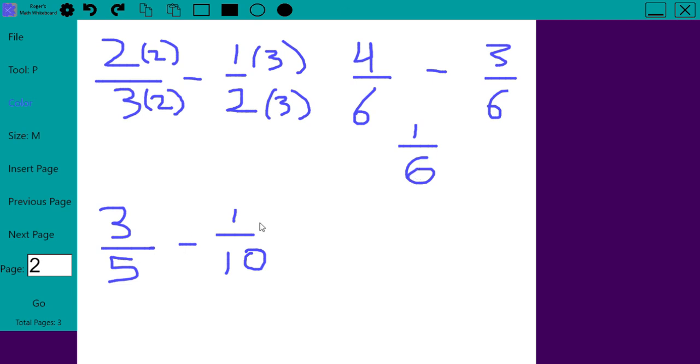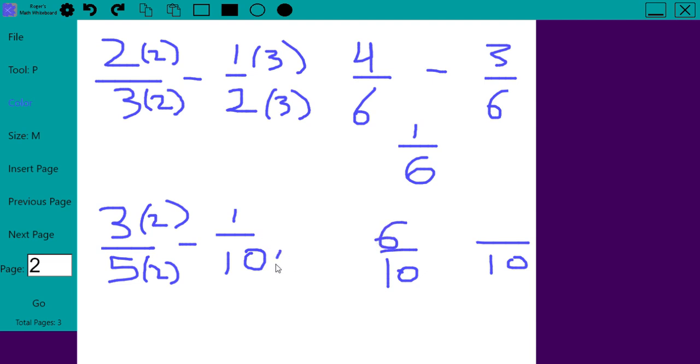Now let's get rid of this one. 3/5 minus 1/10. Okay, my least common denominator, I can tell, is going to be 10, because 10 is the smallest number that both 10 and 5 fit evenly into. I multiplied 5 by 2 to get to 10, so I'm going to do the same thing with the top number. 3 times 2 is 6.